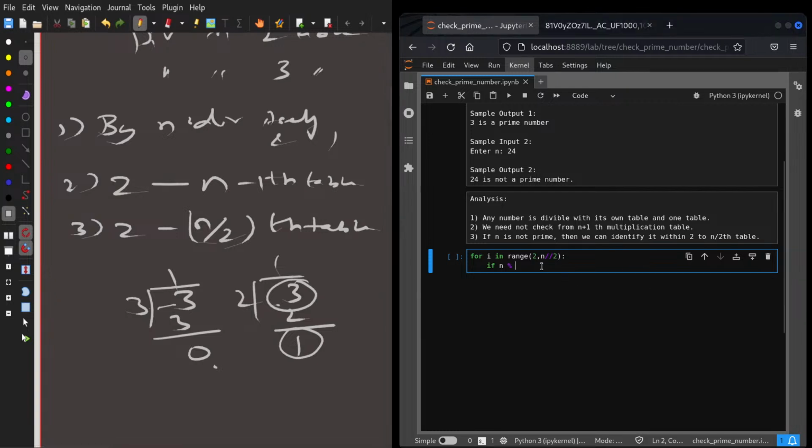Understood? So we are going to write n mod i. What is coming in i? i means each table. Let's give a name for each table. If it is equal to 0, let us have a flag, a flag as a variable.